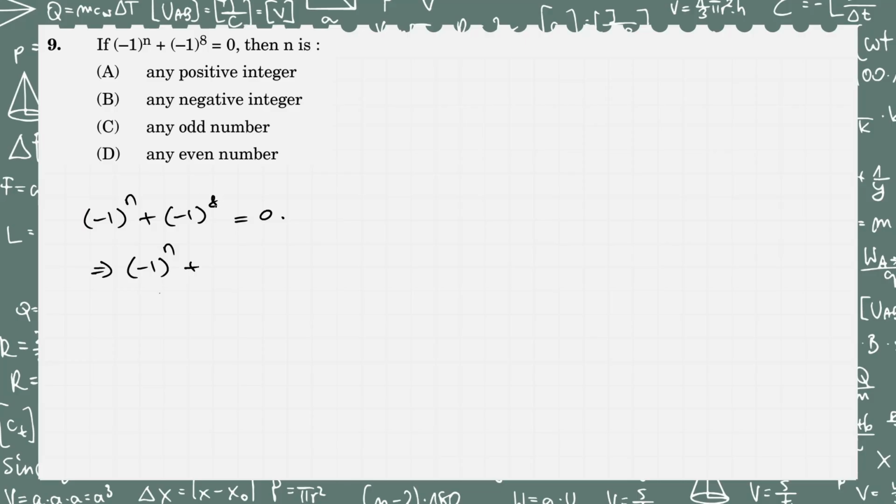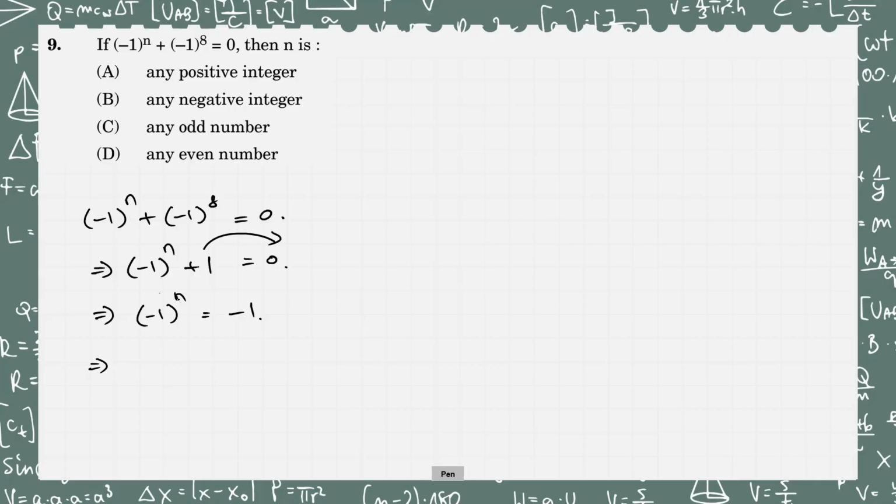So, minus 1 to the power 8 will be just a 1. So, this should be equal to 0. That implies minus 1 power n equal to, when this plus 1 goes to the other side, we get 0 minus 1 equal to minus 1. So, that implies here minus 1 taken to the power n gives you minus 1 as the answer.